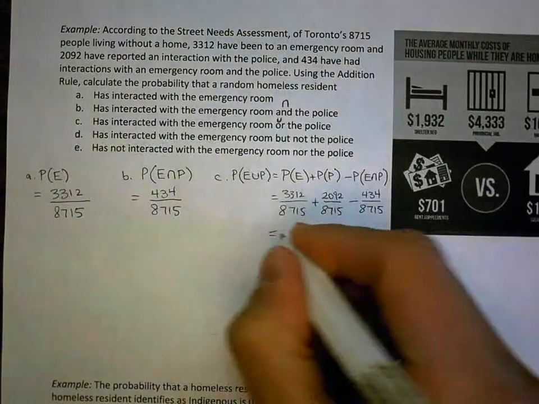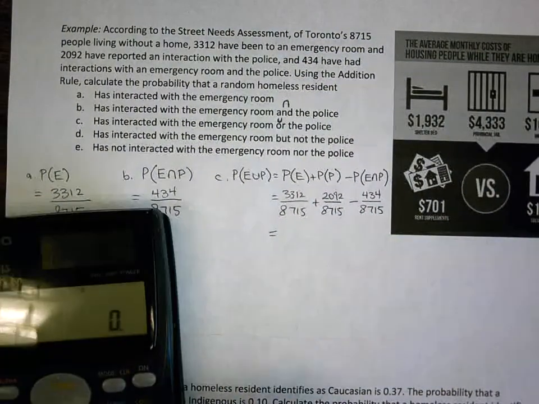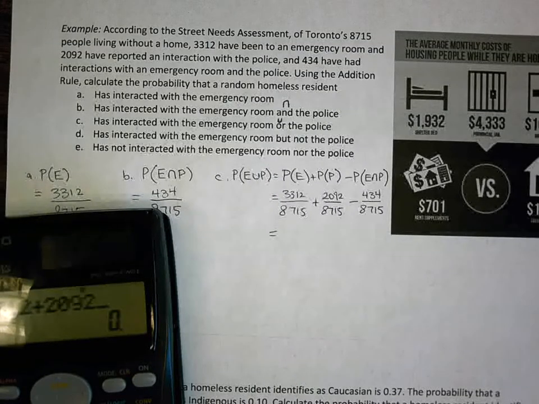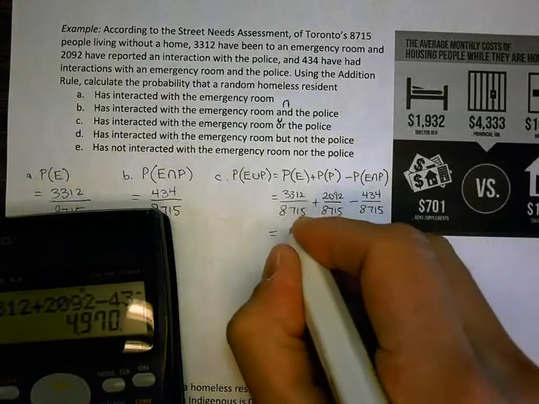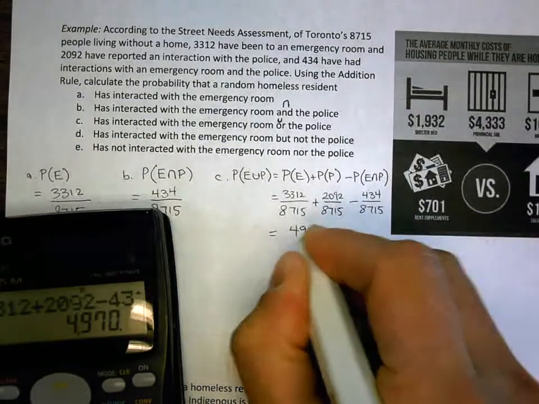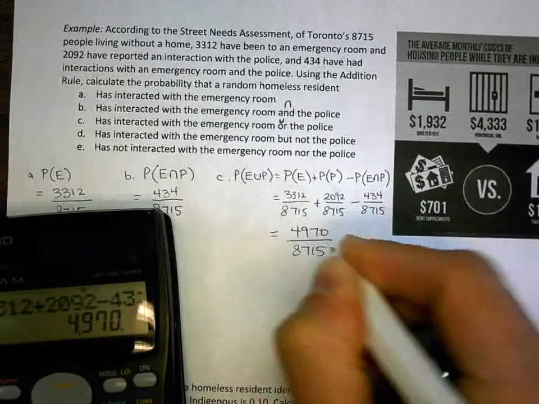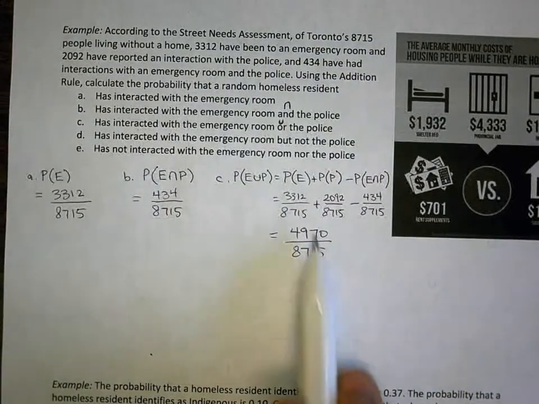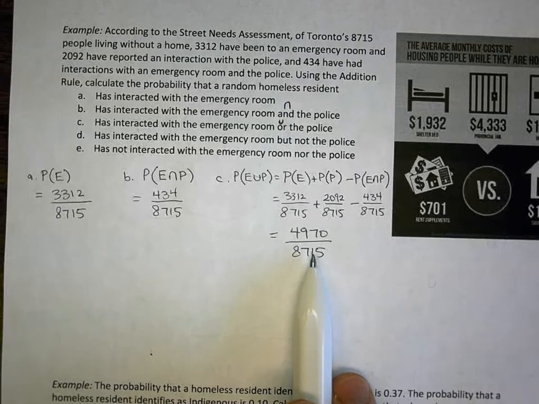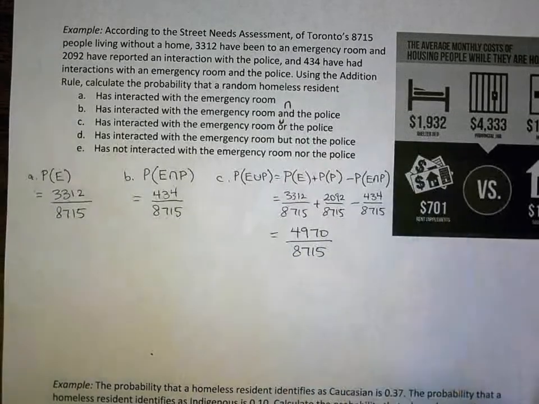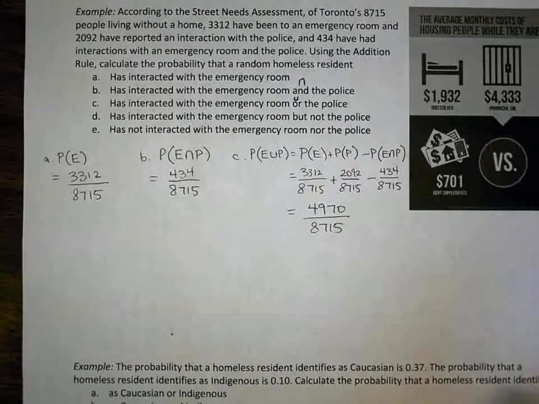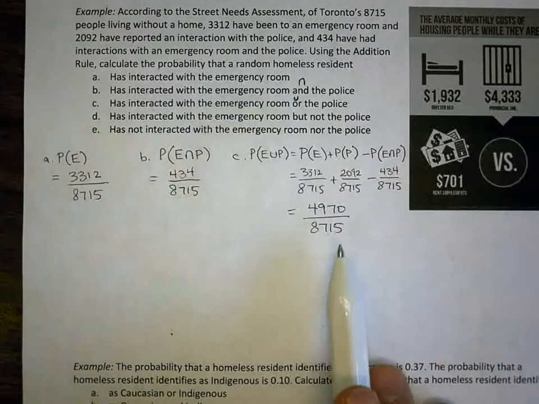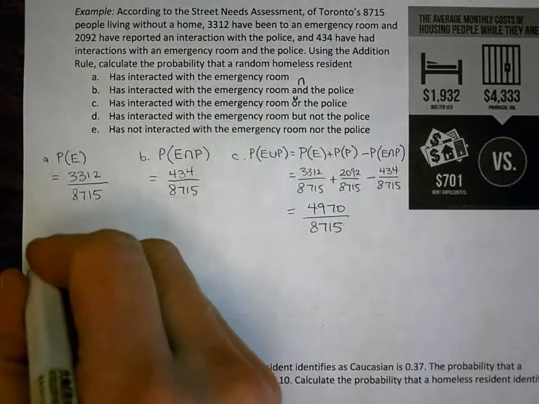This is all common denominator, so I should be able to figure this out. 3312 plus 2092 minus 434 gives me 4,970 over 8,715. So again, what's the probability of interacting with either of these services? Over half have interacted with these services. And again, this is not really just, but also financially really draining.